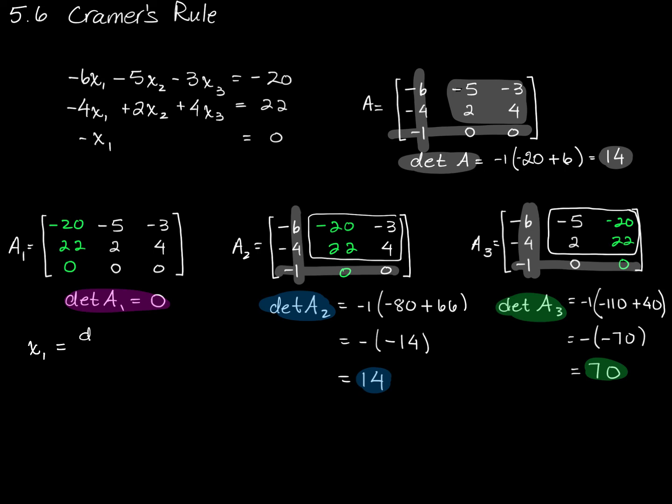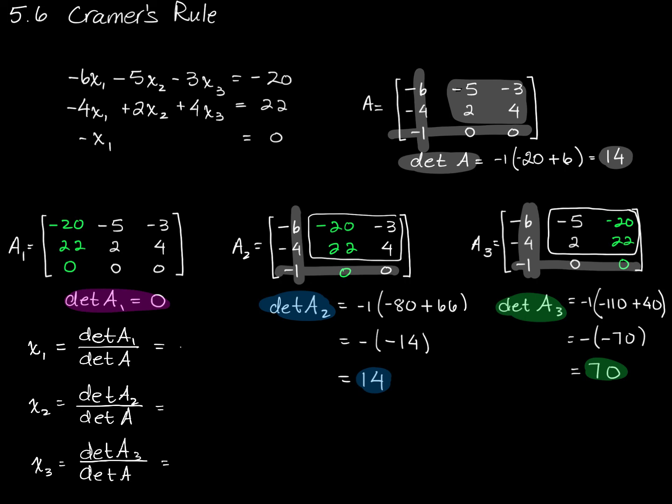That comes about by taking x1 is equal to the determinant of A1 over the determinant of A. x2 is equal to the determinant of A2. See what I mean about those subscripts? Everything matches over the determinant of A. And x3 uses the determinant of A3 over the determinant of A. The determinant of A is 14, so 14 in all three cases in the denominator.